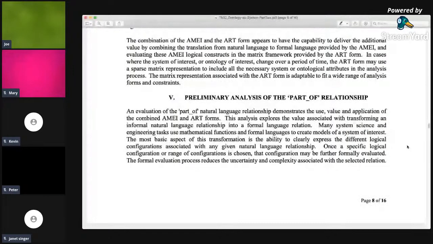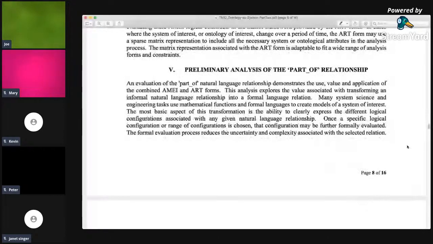So basically the part-of natural language relationship demonstrates the use, value, and application of the AMEI art forms. So many system science engineering tasks use mathematical functions and formal language to evaluate these models. And especially when we're going to start going to the dynamic models, the mathematical formal pieces become more important. And there's a map back and forth.